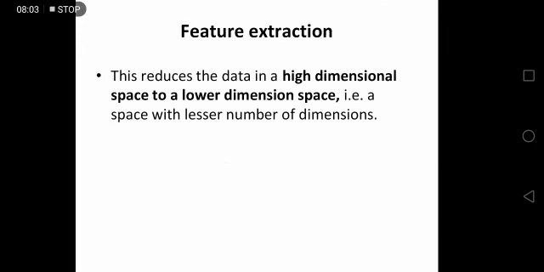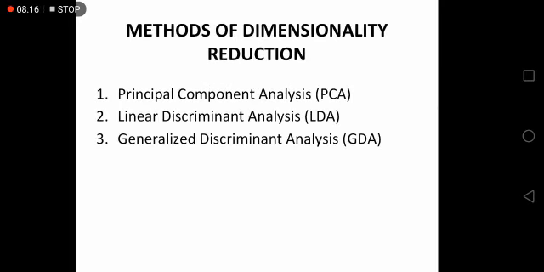And feature extraction reduces the data in a high dimensional space to a lower dimensional space, that is a space with a lesser number of dimensions. The various methods used for dimensionality reduction include principal component analysis (PCA), linear discriminant analysis (LDA), and generalized discriminant analysis (GDA).